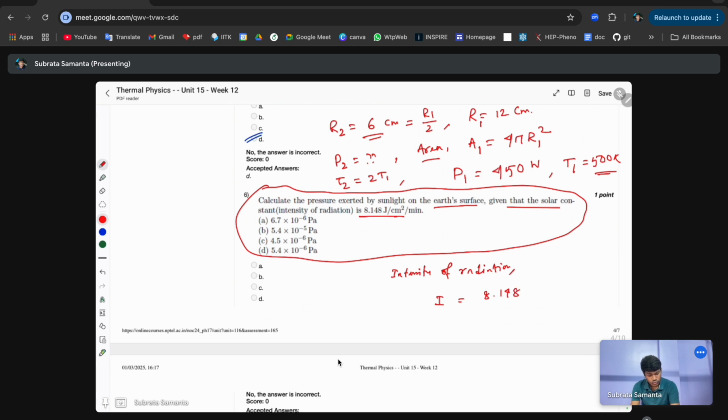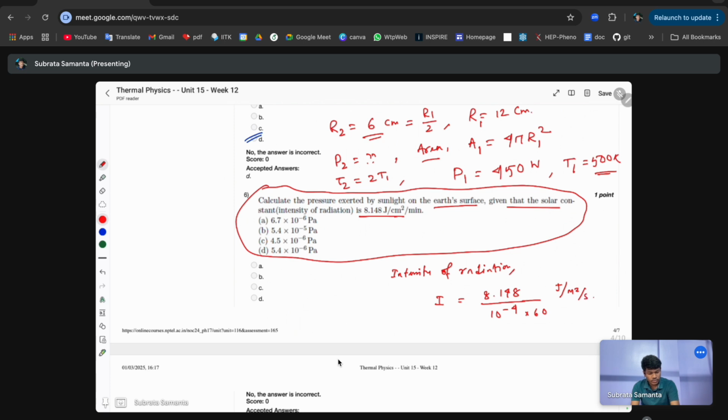It's 8.148 joule per centimeter square per minute. So I have to convert first into SI unit, so joule per meter square. So then divided by 10 to the power minus 4, times 60 to convert to second. So joule per meter square per second.